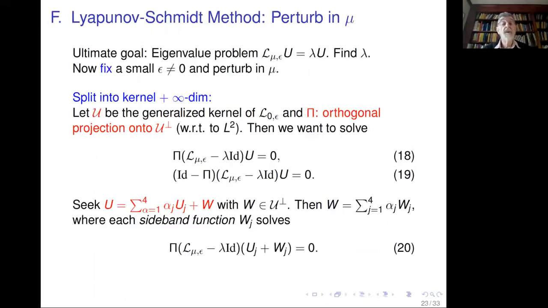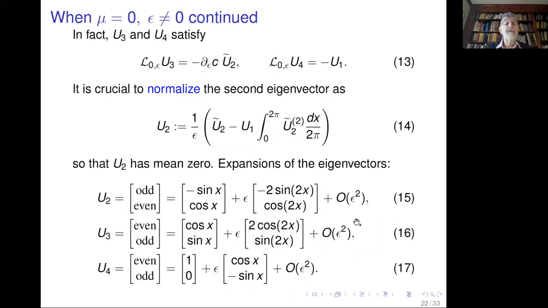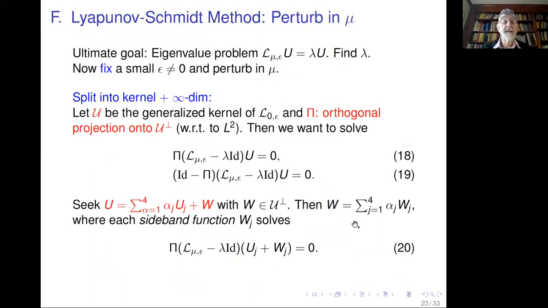So here we go. And now, that thing was when mu is 0. And now we start from this, epsilon not 0, and now we take mu not 0 also, and we do a Lyapunov-Schmidt transformation. So what Lyapunov-Schmidt means is the following. We split everything into a 4-dimensional space and everything that's left over, which is infinite dimensional.